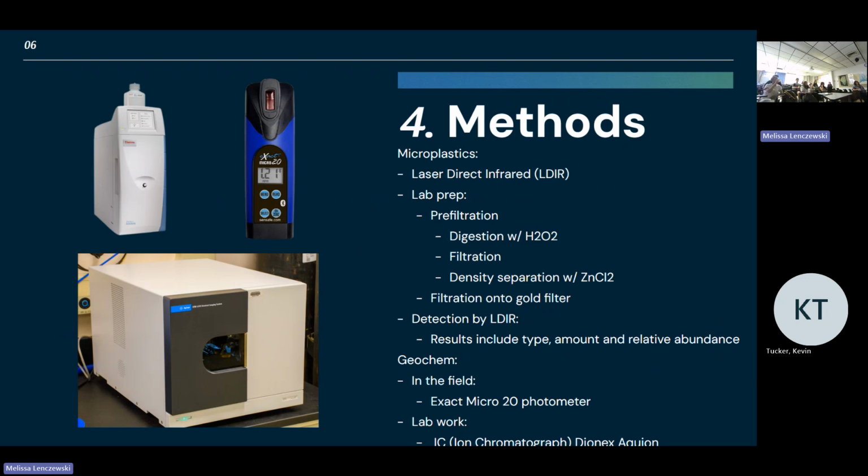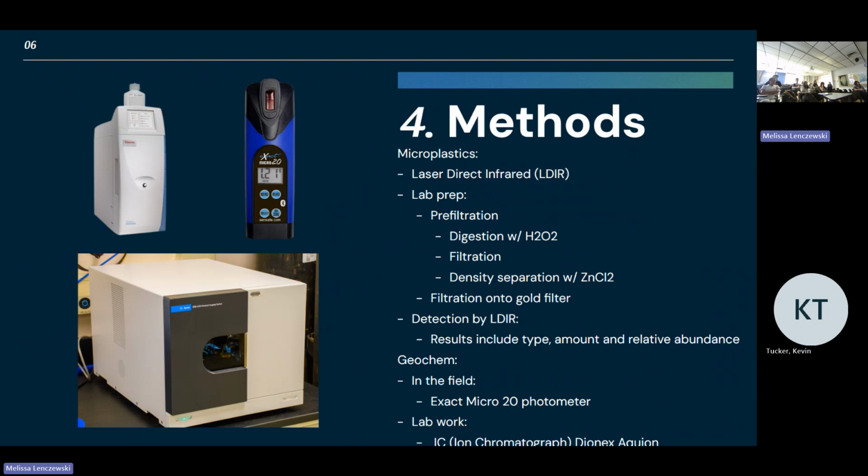We'll be doing some pre-filtration with a 10 micrometer metal filter, digesting with 30% hydrogen peroxide to get rid of any organic compounds in the water, filtering again, then doing density separation with zinc chloride, and then finally filtering onto a gold filter, which will then be inserted into the LDIR.